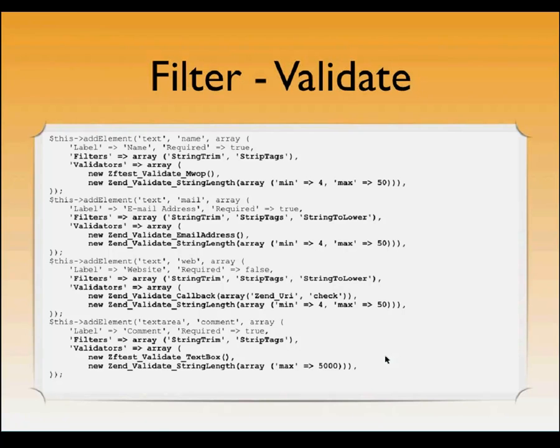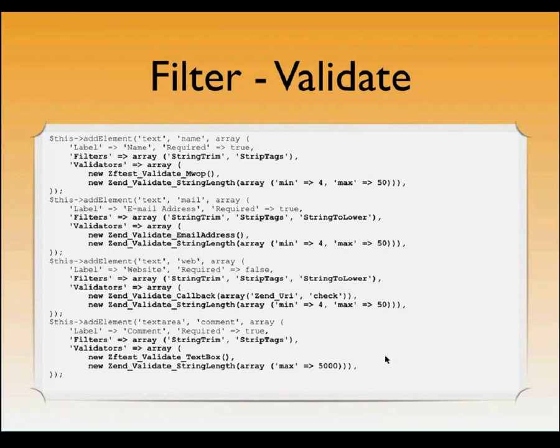Further, it's not really that complex. It's filtering and validating your form elements. If you want to know more about it, check out Zend Filter and you will see immediately what I'm talking about here.